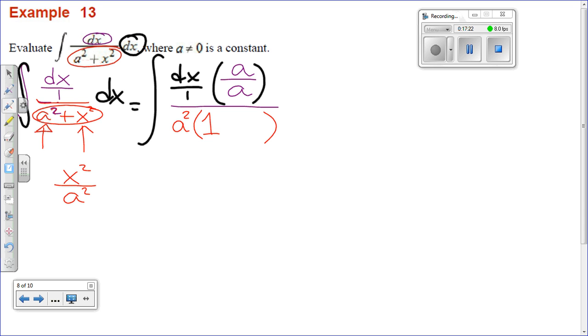So, of course, there's nothing to factor because there's no a squared in x squared. So what we do is just leave it like that, x over a, and then square it. Okay. And of course, we are missing our dx.